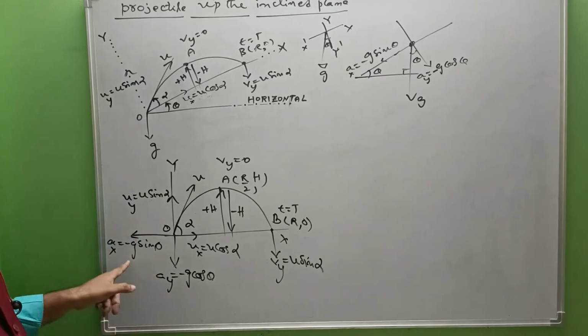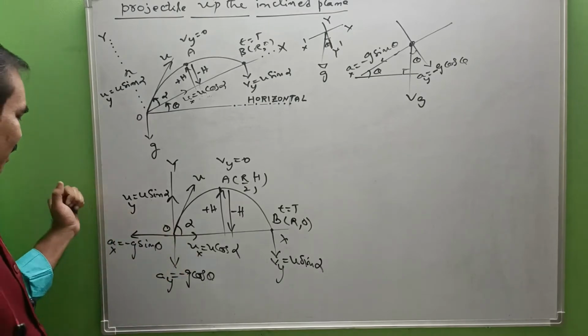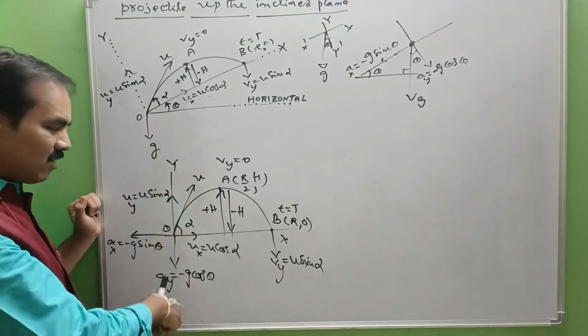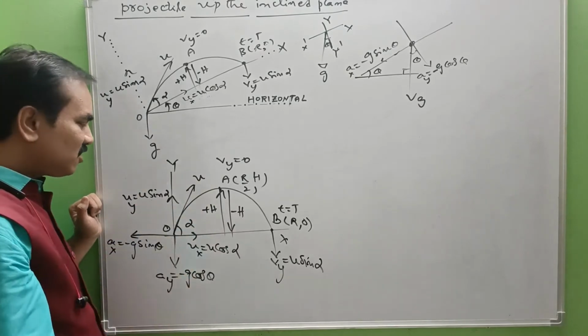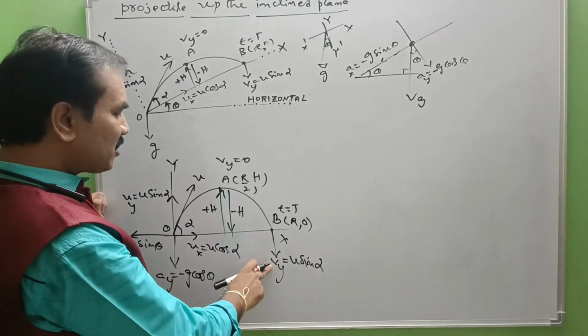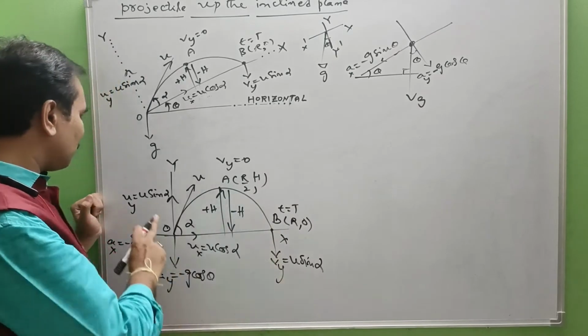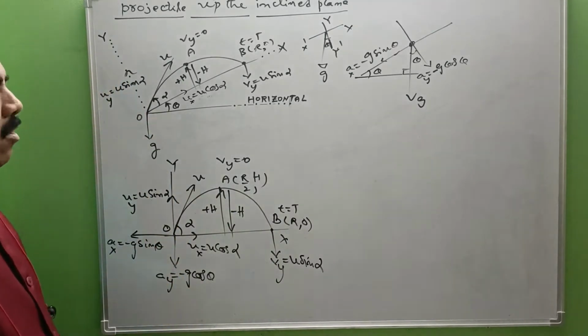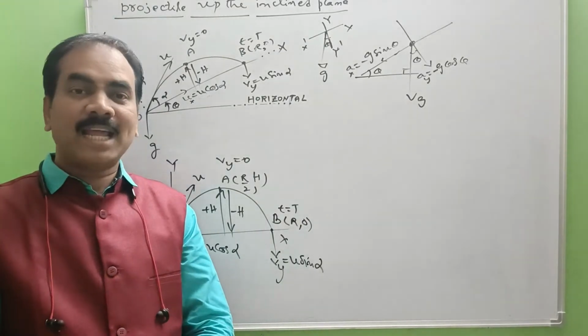So here Ax is minus g sin theta towards the negative x-axis, Ay equal to minus g cos theta towards the negative y-axis. Here Vy equal to u sin alpha towards the negative y-axis, Uy equal to u sin alpha towards the positive y-axis, and so on. Now I am going to derive the expression for time of flight.